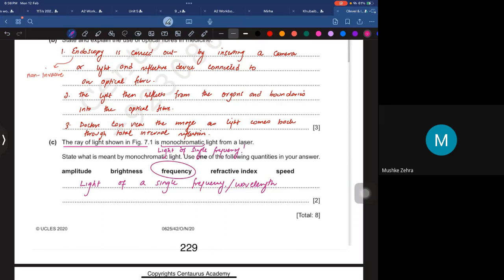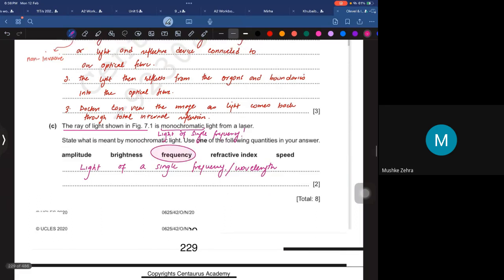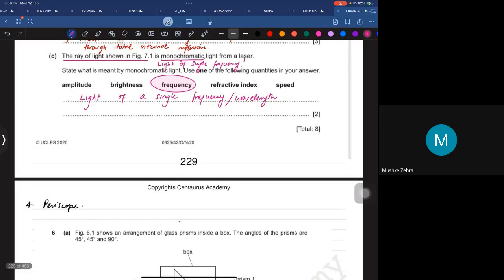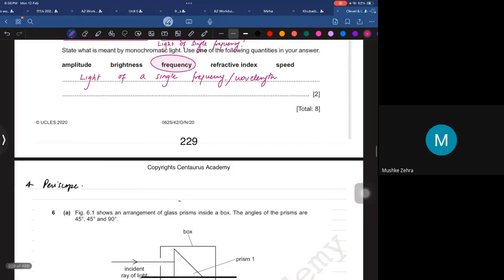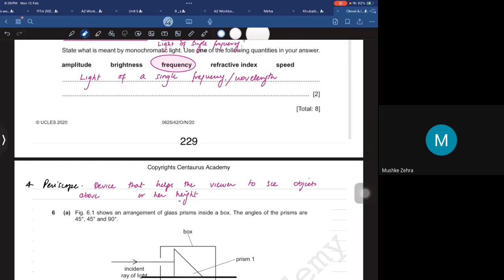Now, moving forward to the last one, which is the periscope. The periscope is basically a device that helps the viewer to see objects above his or her height. Yes, it is used in submarines.